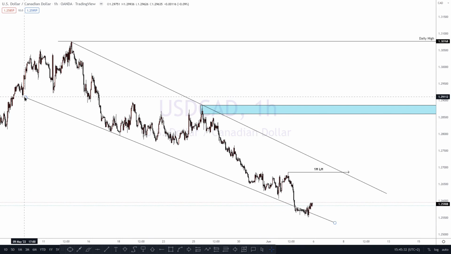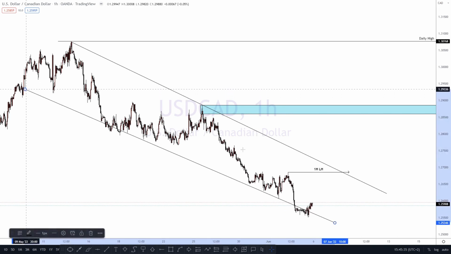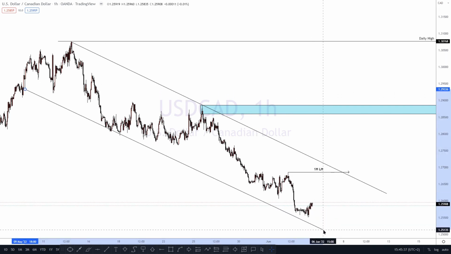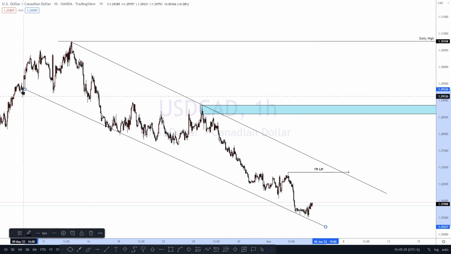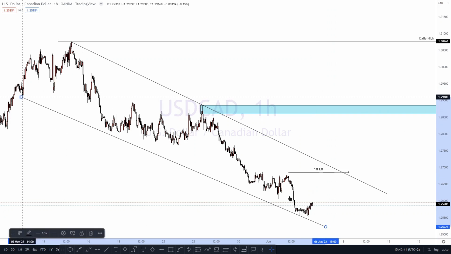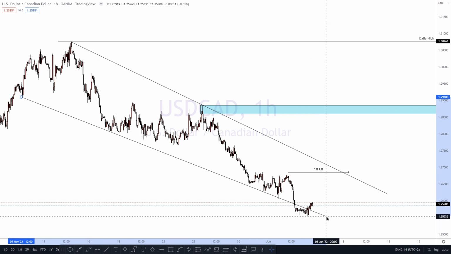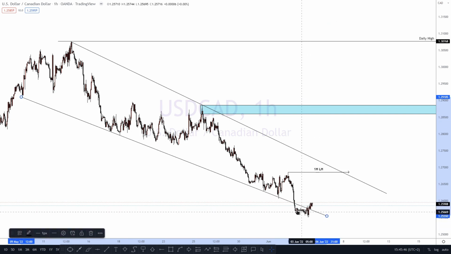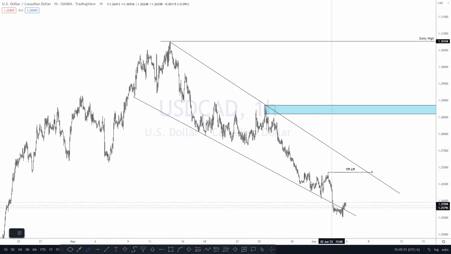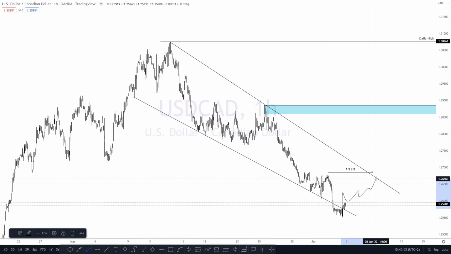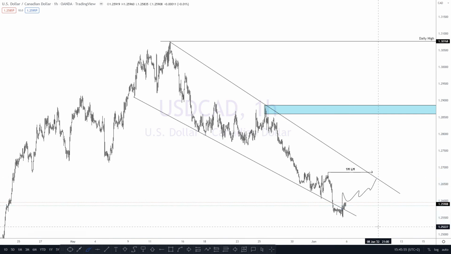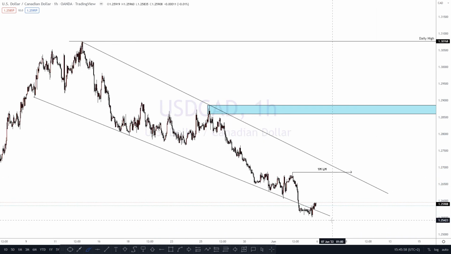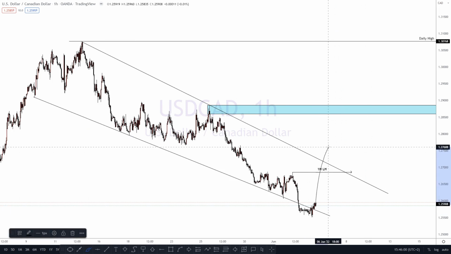If I take it from here, you will see that most probably price could come back up here, drop, maybe affected by CAD, or price could indeed break to the upside, correct to the downside, refine structure, and then we break to the upside.